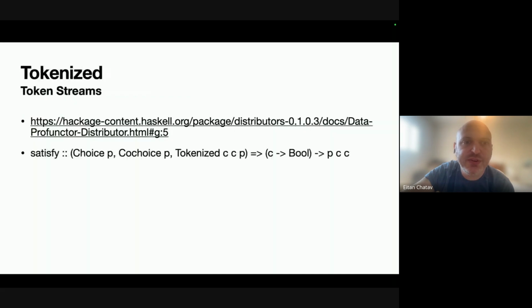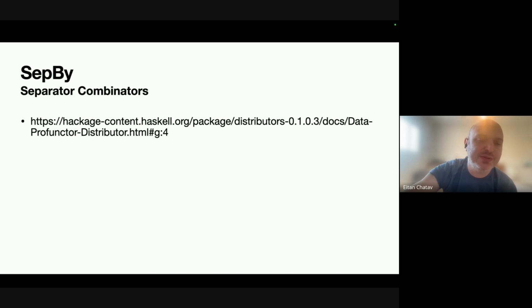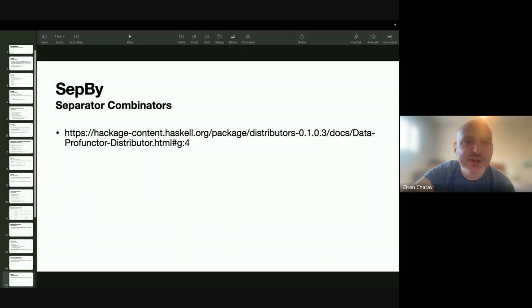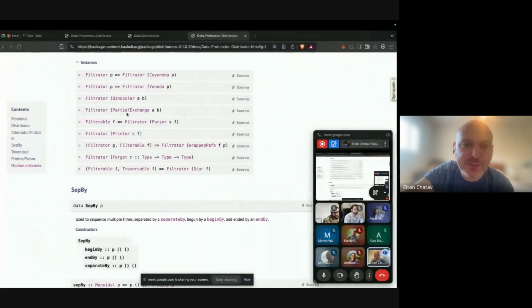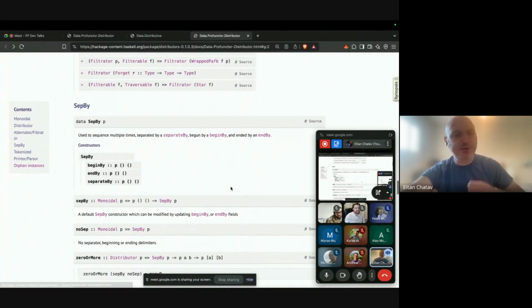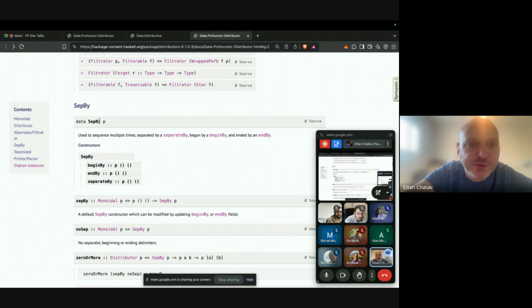The next thing is step by, which is a separator combinator. So now we can actually start creating combinators from these. First of all, I'll define step by as just a helper type, which has a begin by, an end by, and a separate by.